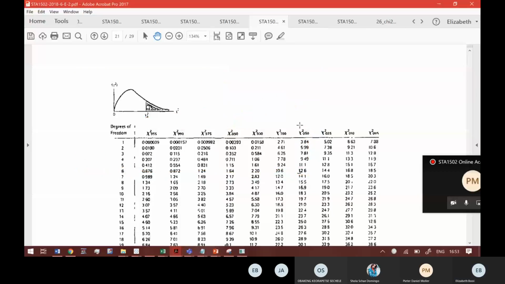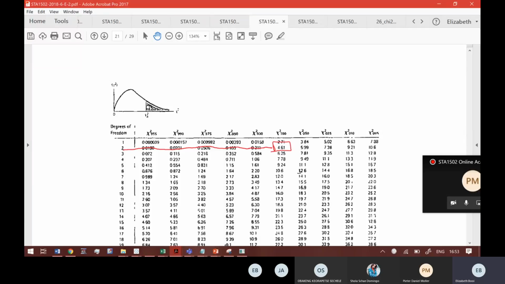Okay. And degrees of freedom is 2, and 0.1, and that is the critical value of 4.61.